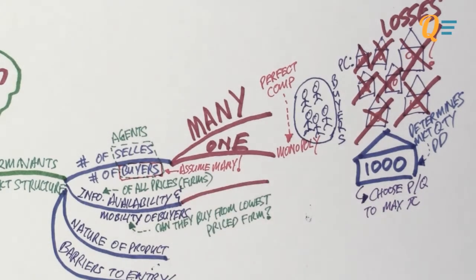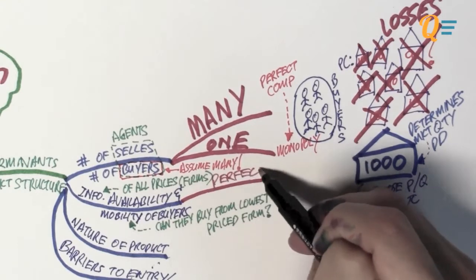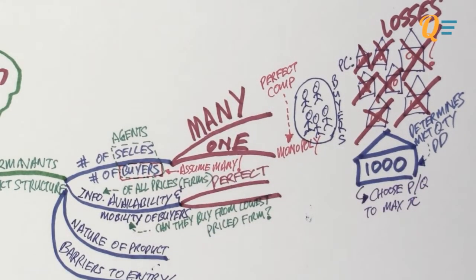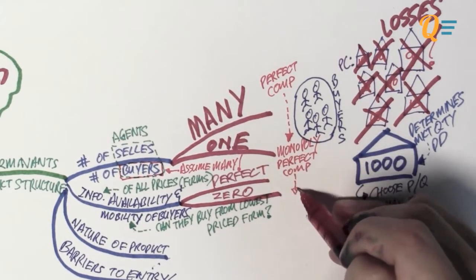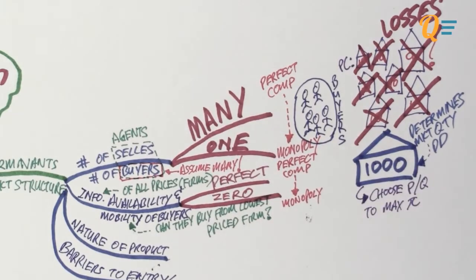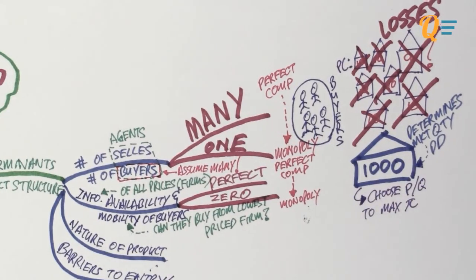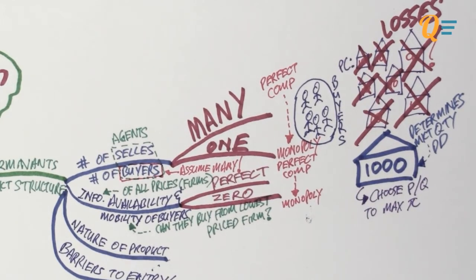For the next determinant, you can either have perfect info and mobility, or you can have zero info and mobility. Okay, let's talk about the perfect first. The perfect competitive market has got perfect info and mobility, and for the monopolies, they have got zero info and zero mobility. Okay, so this actually relates to the previous example.